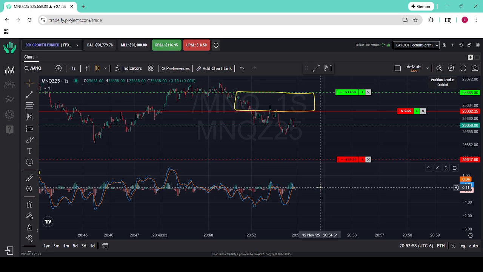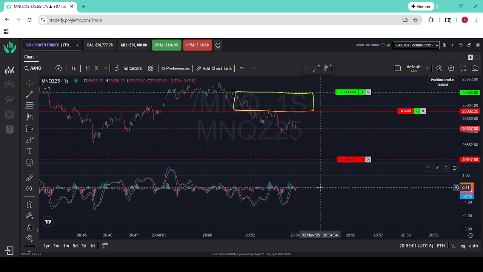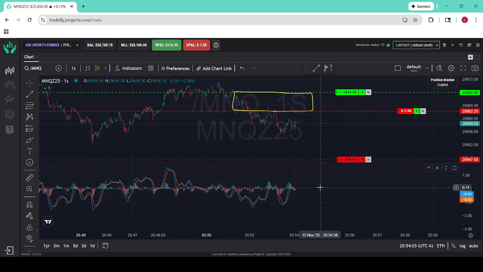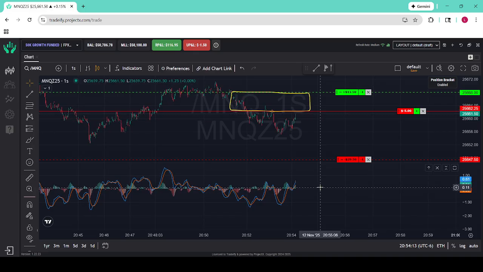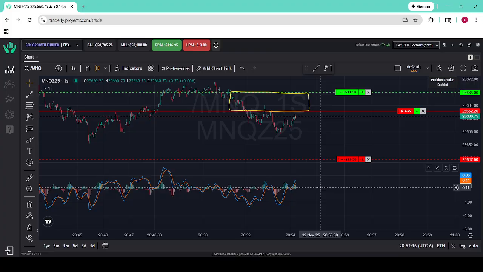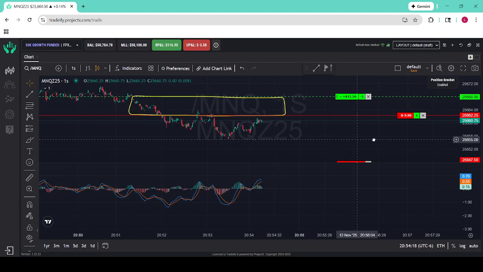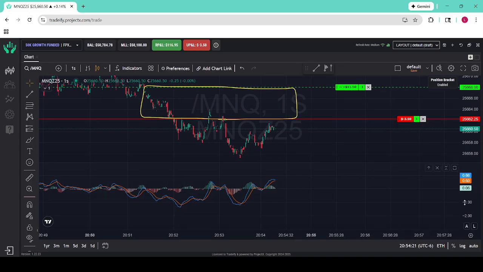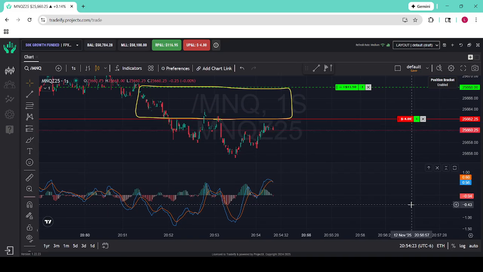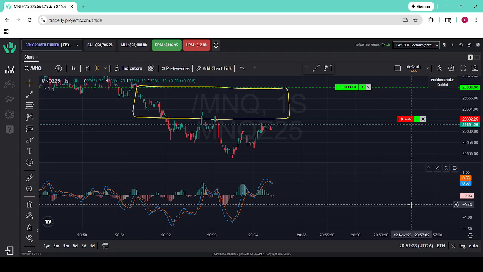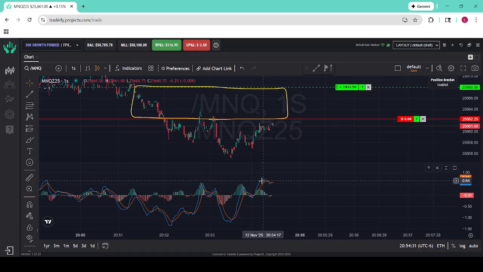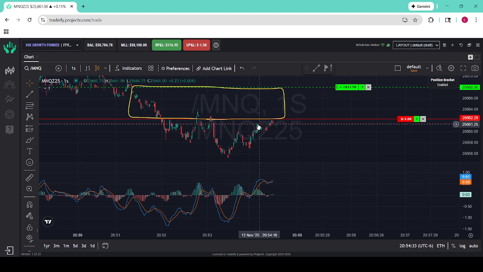Just waiting and waiting. We see here this MACD beat this peak, but our price already beat it.